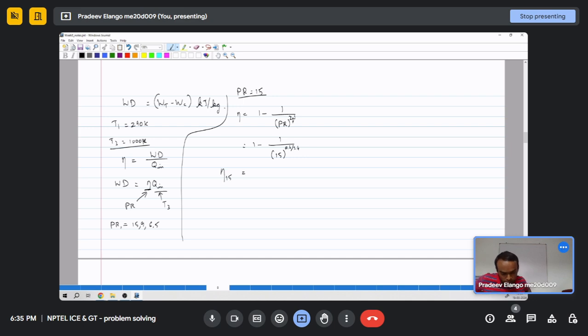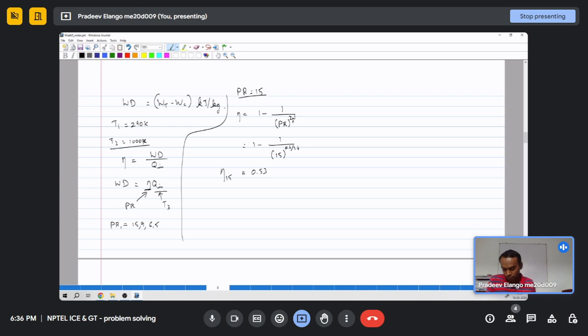So I will write this as efficiency at 15. So 0.53. Yeah.